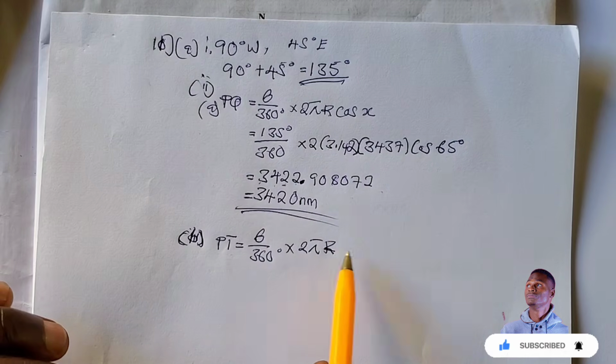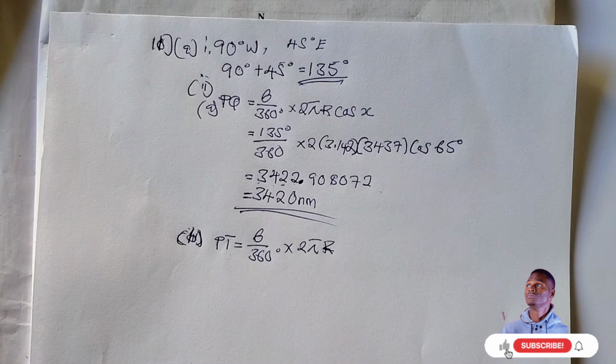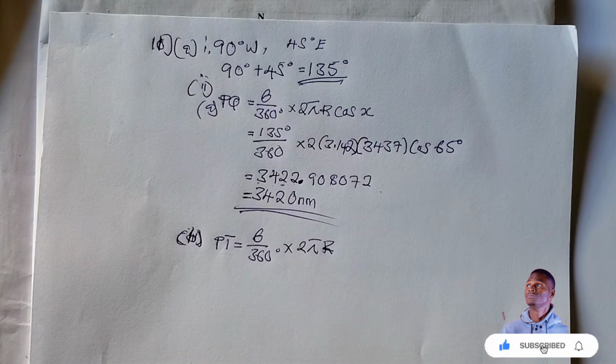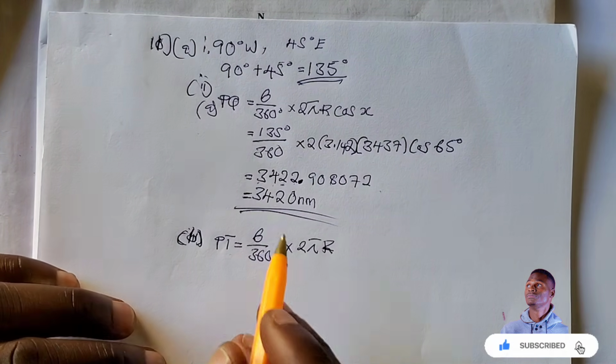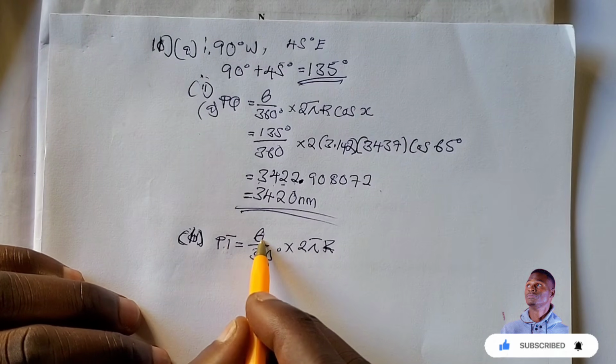You don't add cos x. You add cos x only if you are calculating distance along the line of latitude. Since this is longitude, theta will be the difference in latitude.